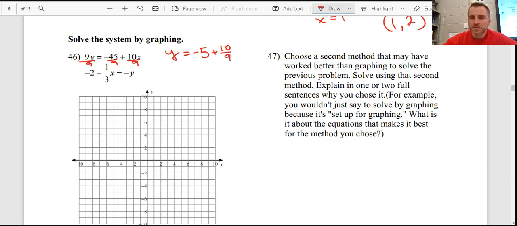If we graph that, we start at negative 5 on the y-axis. Then we go up 10 and to the right 9, or forward 9. And it's very difficult to connect those lines on this thing, but I'll take it.